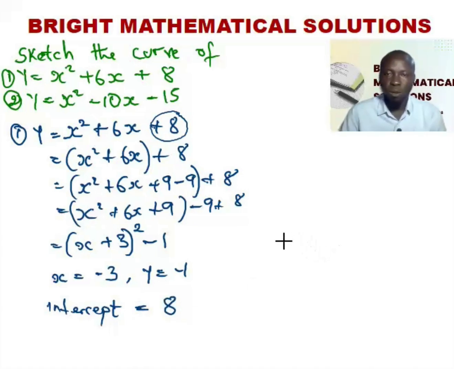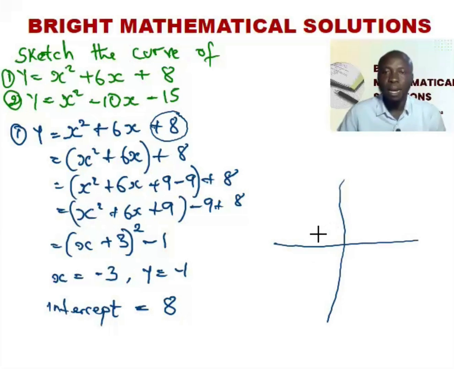Now, how do we sketch this on the graph? Let us assume this is our graph. Sorry for my line that is not perfectly straight. This is our x-axis, this is our y-axis. This is the negative x, this is the positive x, this is the positive y, and this is the negative y.